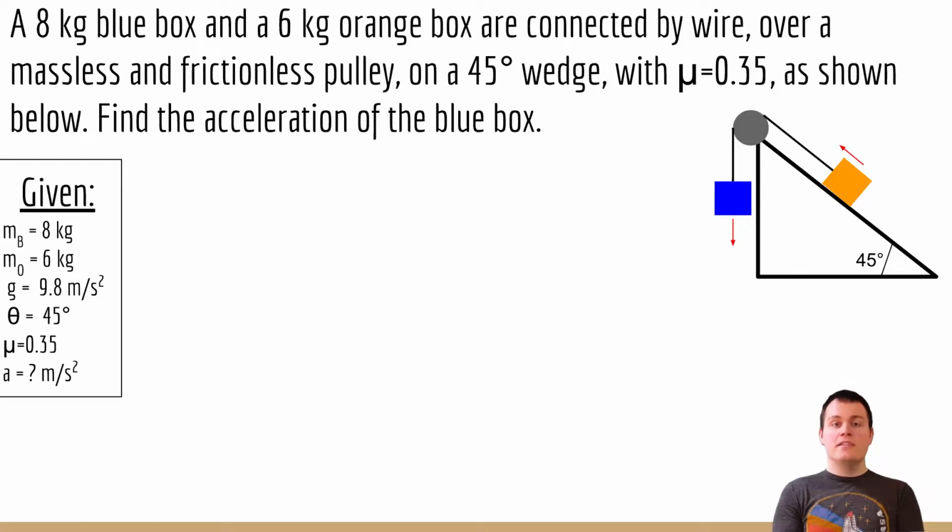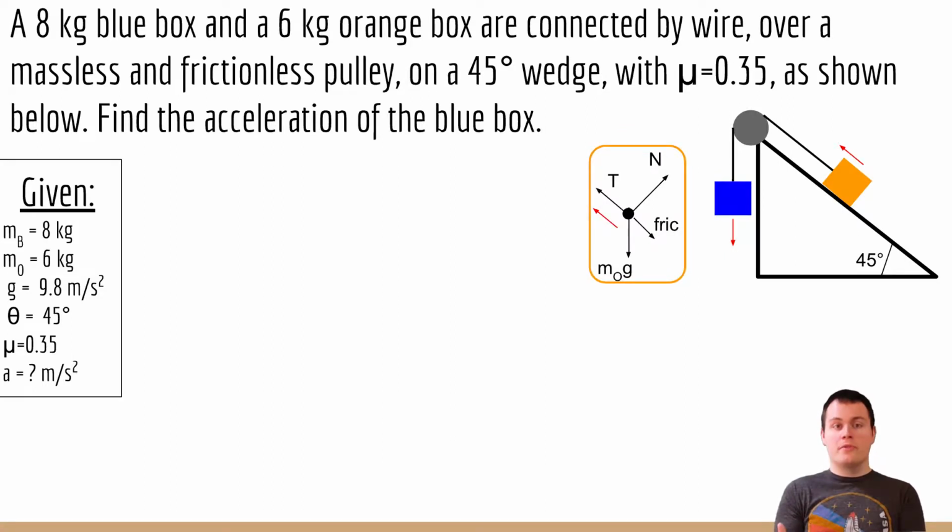The next thing I did was write down the force diagram for each of the two blocks. I started with the orange block. The forces are pretty similar to the last few. We have gravity going down, the normal force that's perpendicular to the wedge, tension pulling up towards the top, and friction opposing the tension.